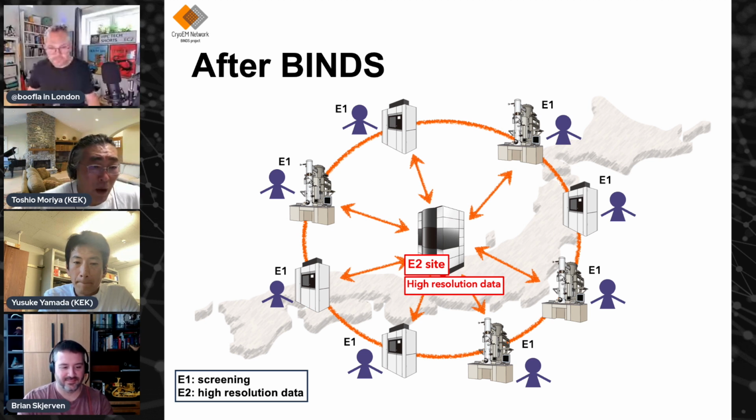The director of our center basically organized all the Japanese researchers who have a CryoEM or an electron microscope machine which they can use for screening, to get together and created the so-called CryoEM network in Japan, right? So this is connected so far by humans.